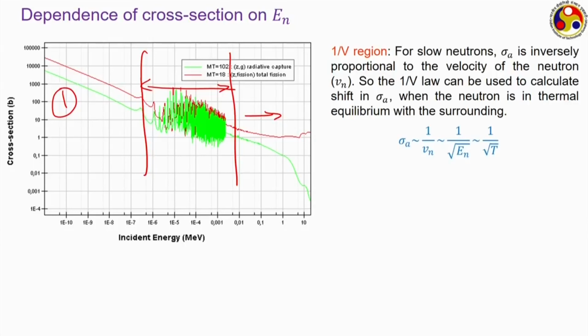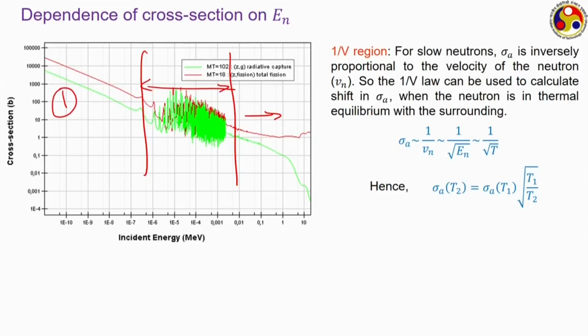So, we can always say that it is inversely proportional to the root of En, En being the kinetic energy. As the kinetic energy of a thermal neutron can be directly related to the temperature of the surrounding, we can also write this to be inversely proportional to the square root of the absolute temperature. Suppose we know the absorption cross section at a certain temperature T1, and then the system changes its temperature to some temperature T2.